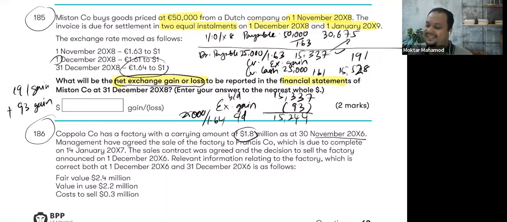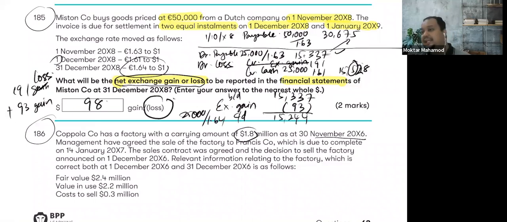Debit side, since 5 is bigger than 3. Sorry. Debit loss, 191. I focused only on that 28. So 191 loss and 93 gain. Alright, so 98 loss.